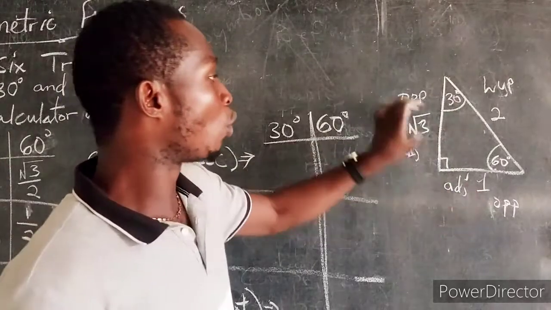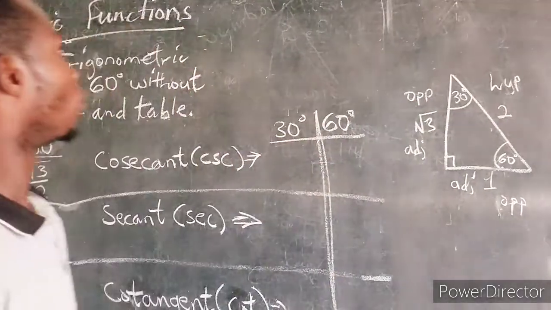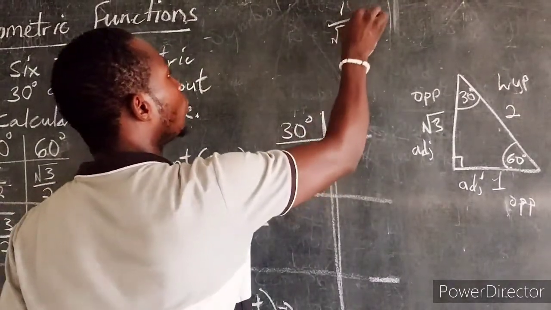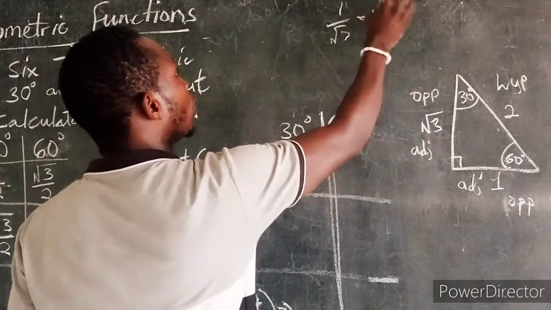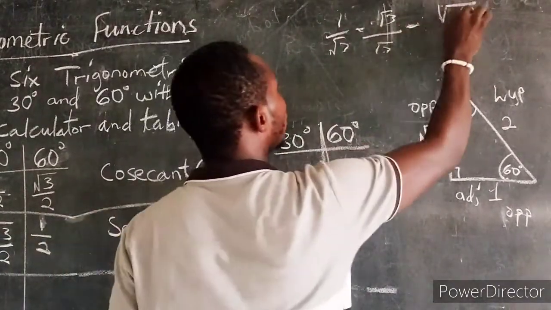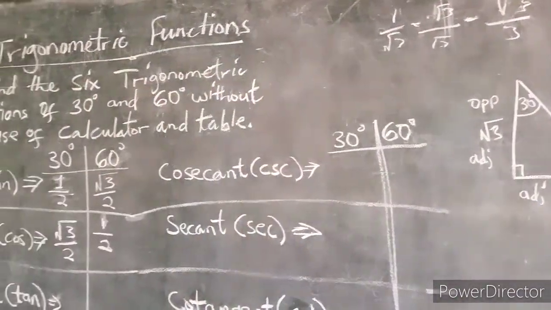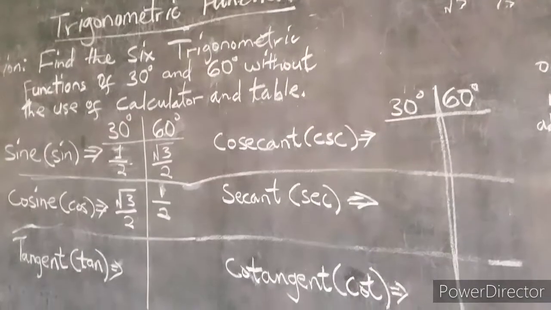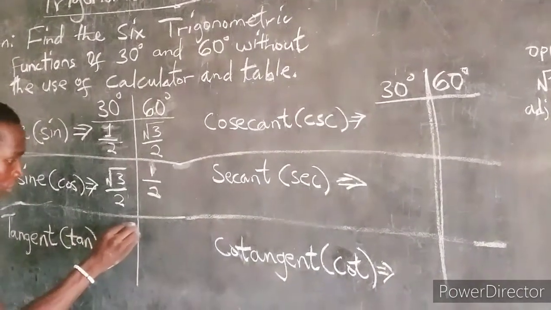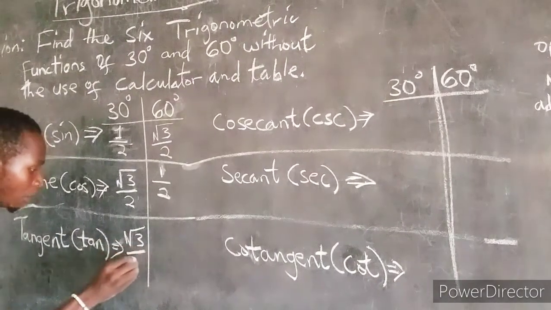So it will be 1 over the square root of 3. When we say 1 over the square root of 3, we rationalize by multiplying by the square root of 3. So it will be the square root of 3 all over 3. So tangent 30 degrees gives us the square root of 3 divided by 3.